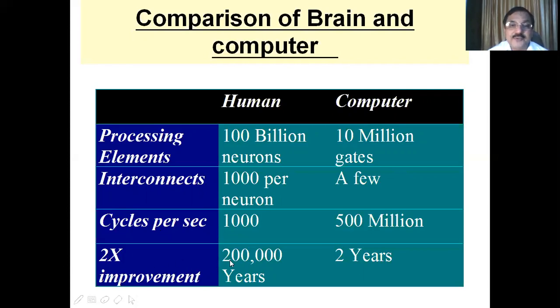The human structure and characteristics change only over 2 lakh years, so improvement is very slow, while in the case of computers it changes every 2 years, and we all know the famous Moore's law.